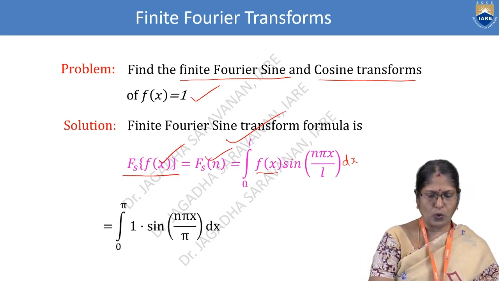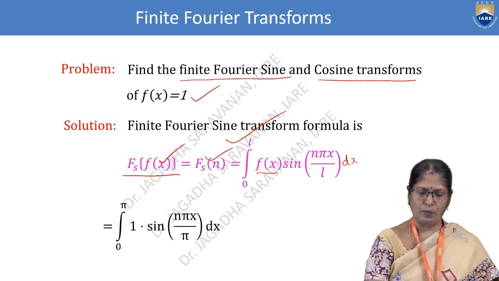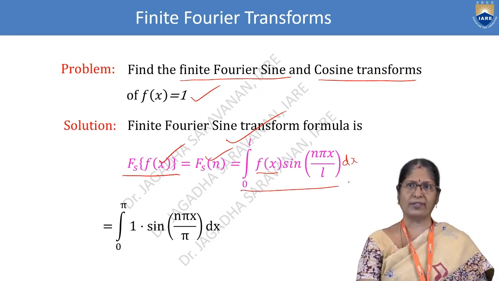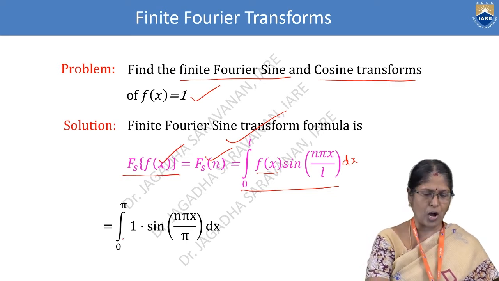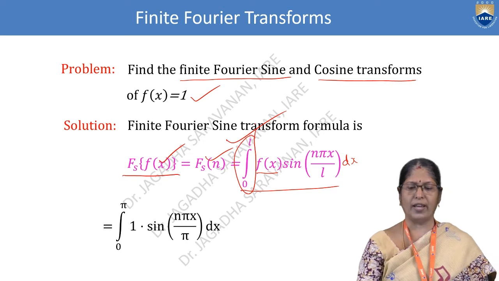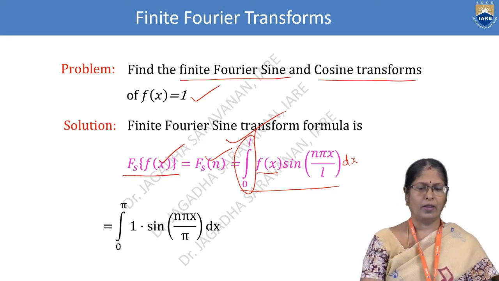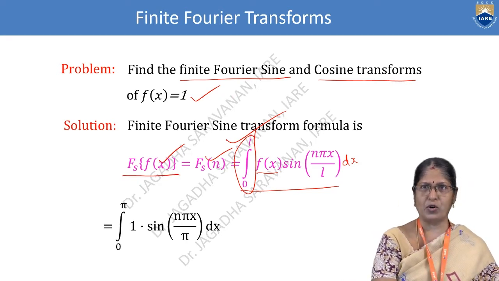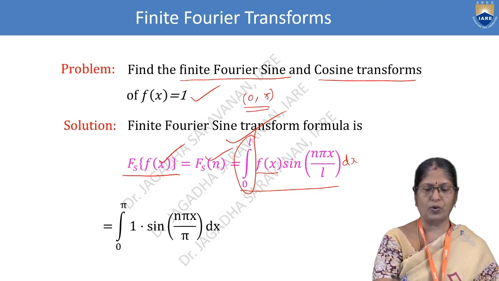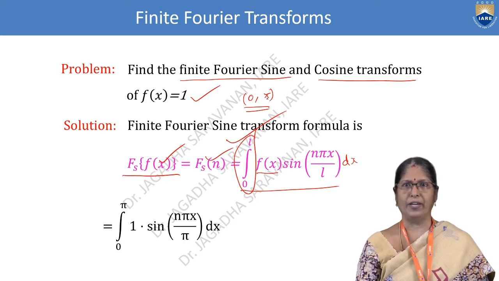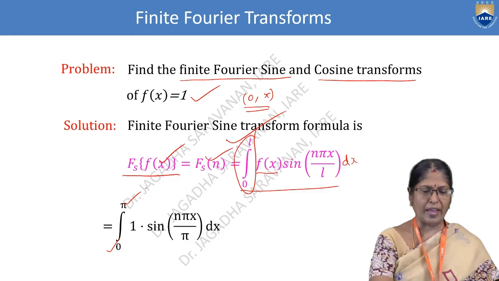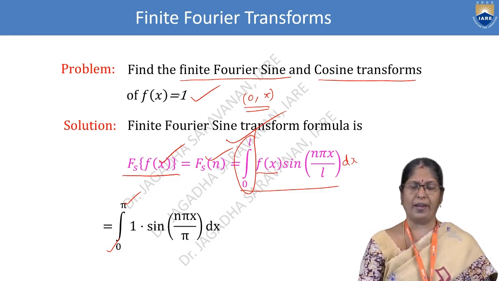Now we are taking help from this finite Fourier sine transform formula. In the formula, 0 to L is there. Here also the interval should be given, that is 0 to pi in the question, though it is not written. So 0 to pi, and f of x is replaced by 1, as given in the question.